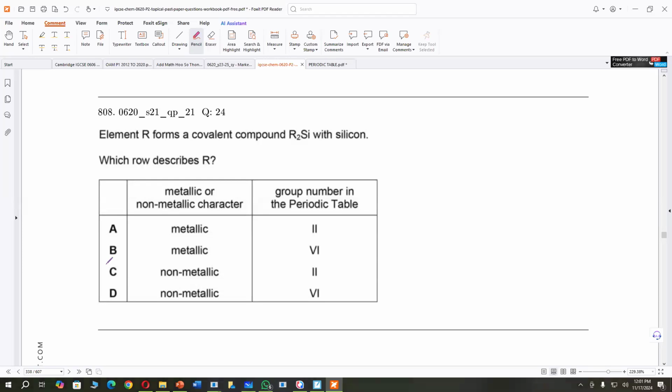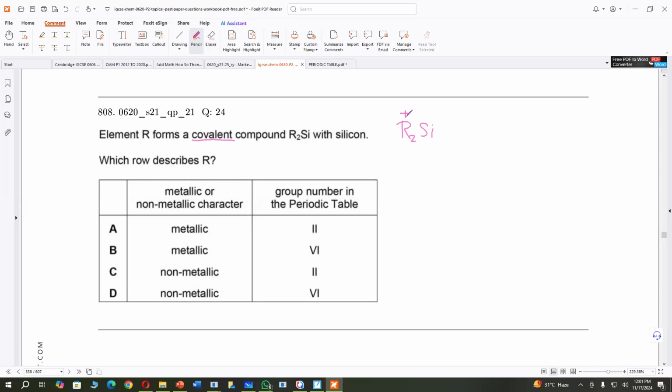So what about C and D? Now, which group is it in? Because silicon has not gained anything. How do we decide? It's because it's covalent. So we put the oxidation numbers for R2Si.